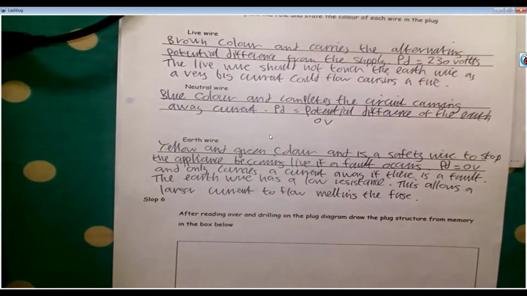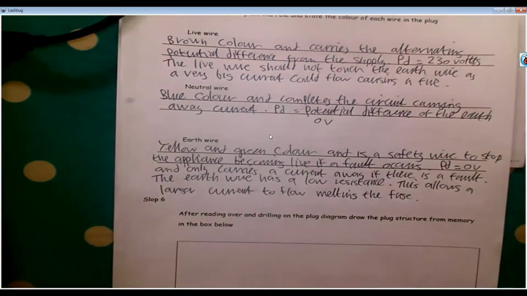So that the fuse is attached to the live wire, and when a larger than usual current flows, that causes the fuse, which is a tiny bit of thin wire, to melt and eventually stops any more current coming into the device. So say the live wire becomes loose or there's a fault with the live wire, the earth wire takes over from the neutral wire, and because it's got a lower resistance, more current can flow, and that increased current flowing into the device will melt the fuse. So that's how the earth wire works in terms of safety.